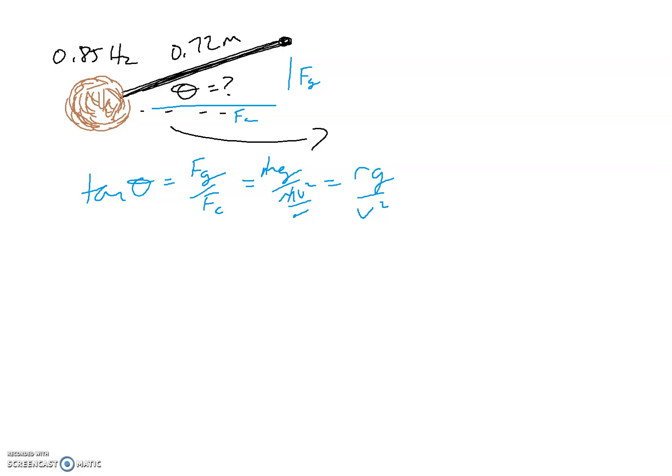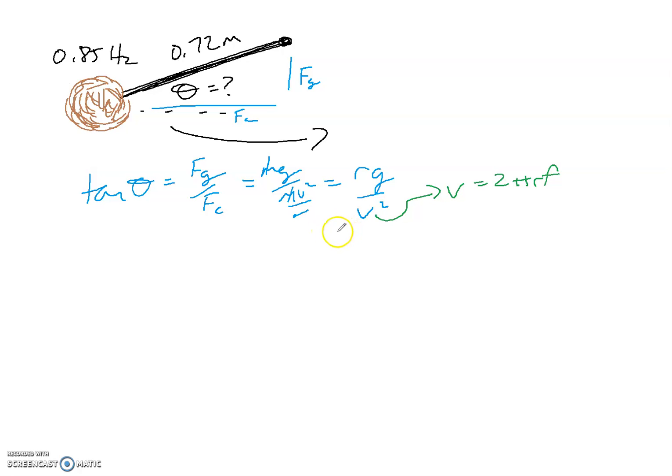But one of the old expressions we have for v is v equals 2 pi r f, and this might come in handy because I am given the frequency, so it would be nice if I could incorporate that. So I'm going to substitute the v with 2 pi r f, and of course it's squared, so I'm going to square everything inside of it.